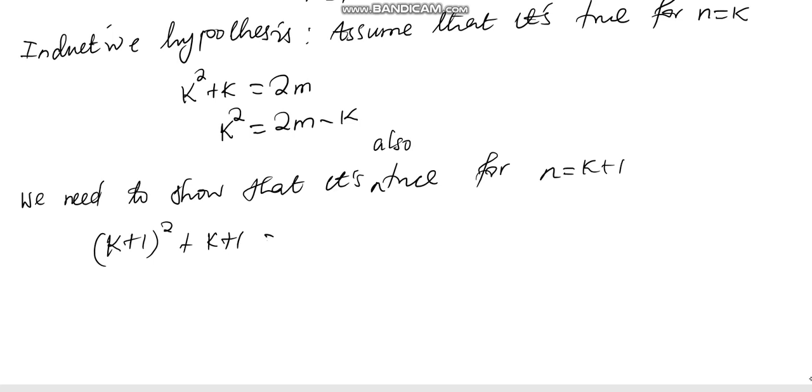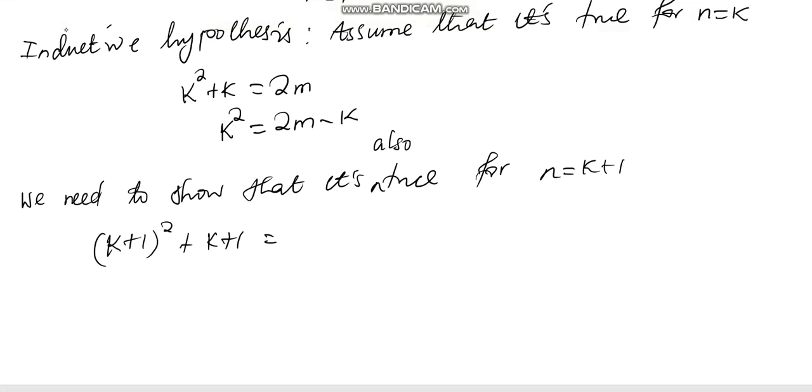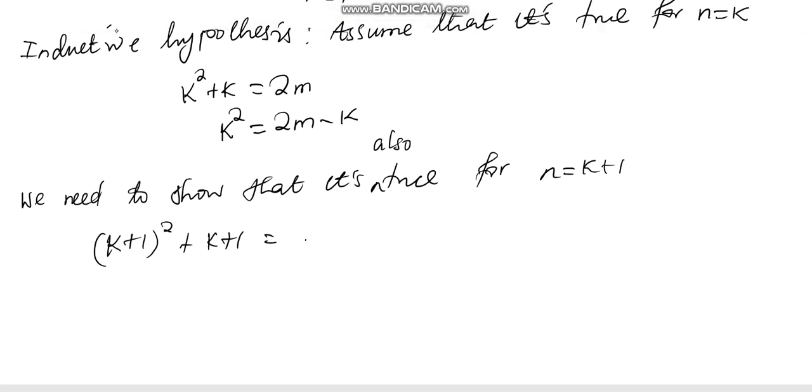So we just start simplifying this. When we expand what we have here, we're going to have k to the power 2 plus 2k plus 1.